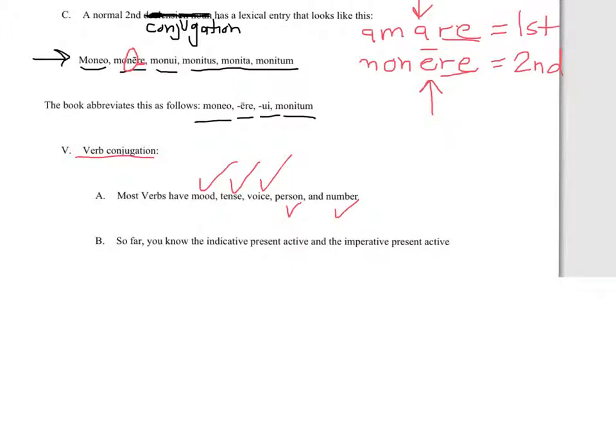So far, the book has only taught you the indicative mood, present tense verbs in the active voice. Mood, tense, voice. And the book has also exposed you a little bit to the imperative mood, present tense, active voice.